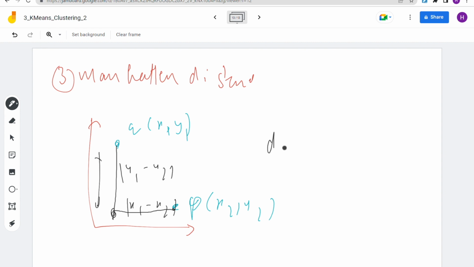So the whole distance will be x1 minus x2 mod plus y1 minus y2 mod. Let me write this clearly so that you can read it properly. It's x1 minus x2 mod plus y1 minus y2 mod. That's Manhattan distance. Next we are looking at cosine distance.